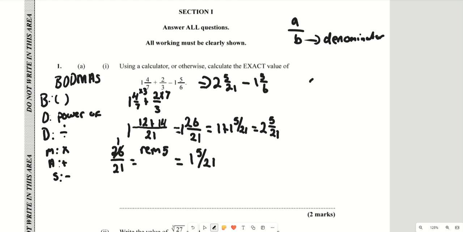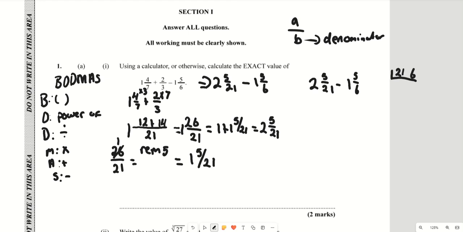Again, if you have addition or subtraction of fractions, you check to see if your denominators are the same or different. 21 and 6 are clearly different, so we have to find the LCM of 21 and 6. 6 is not a prime number, so we have to find the LCM the long way. The numbers going outside here are your prime numbers, and prime numbers are numbers that are divisible by 1 and itself only.